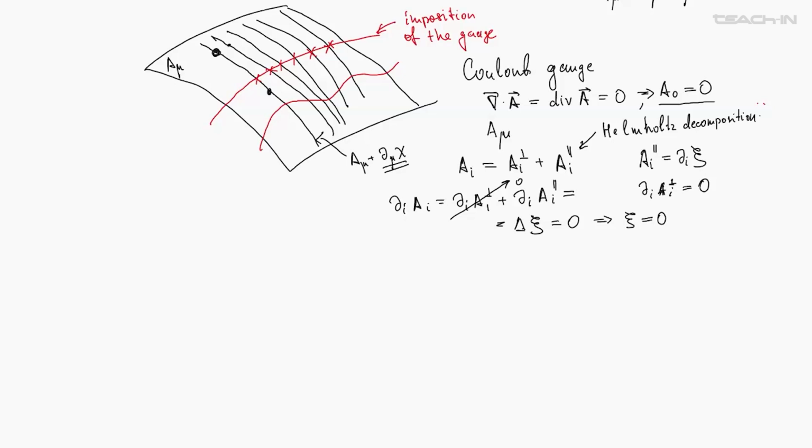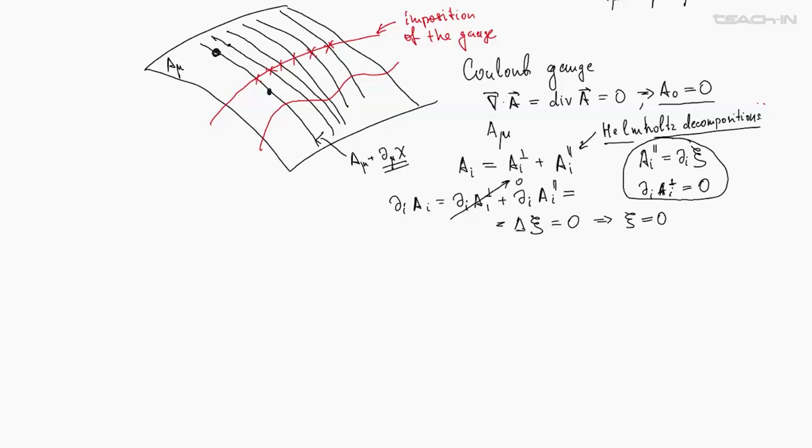Now, the characterization is simple. That is exactly what characterizes the longitudinal part and the transverse part. The transverse part is the part which enters the field Ai such that its divergence is equal to 0. The longitudinal part is equal to the gradient of some function.